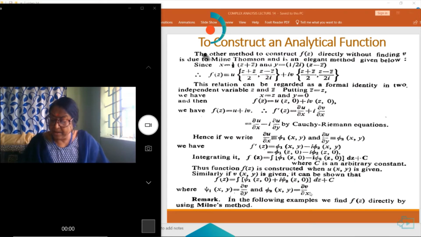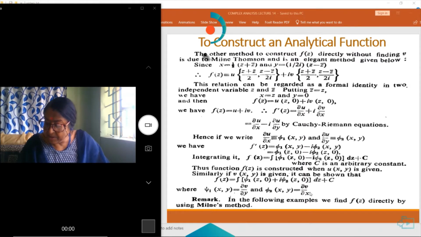Here, see, phi(x, y) is transformed into z, so this can be written as phi 1(z, 0) - i phi 2(z, 0).